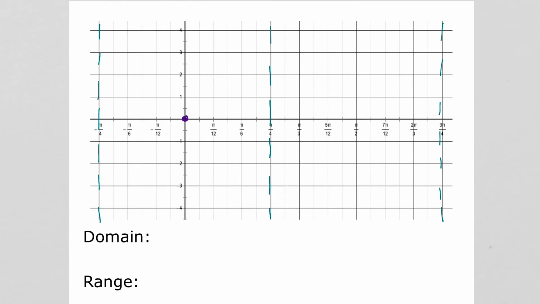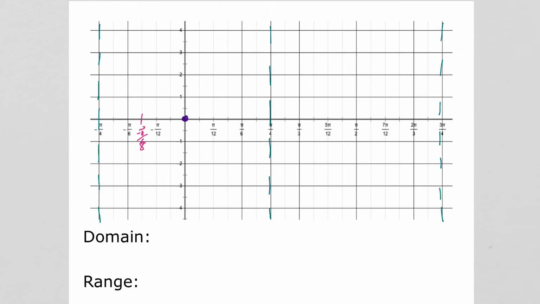Then the 1/4 and 3/4 points. So we've got halfway between negative pi over 4 and 0 would be negative pi over 8. And our y value is determined by the amplitude, or not the amplitude, but the a value. And the a value was 3.